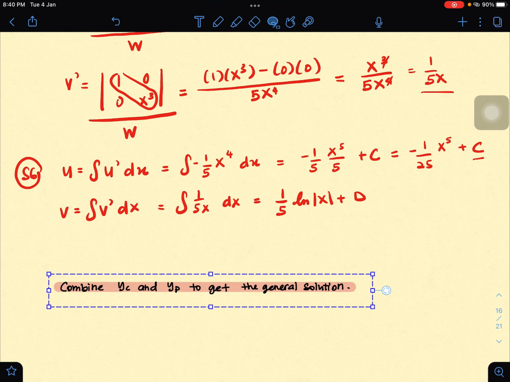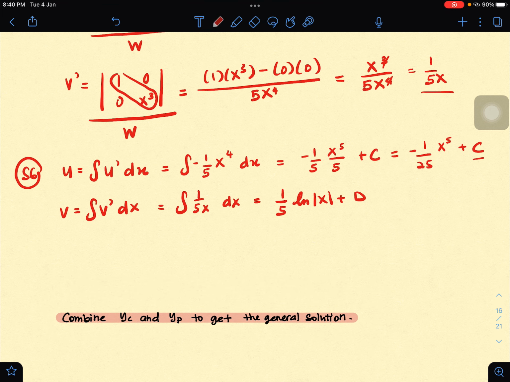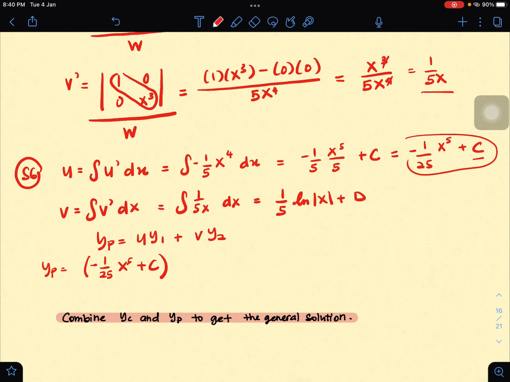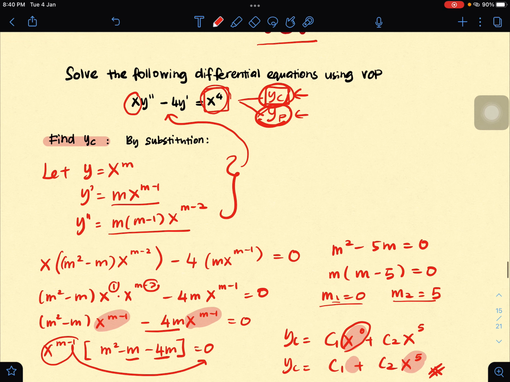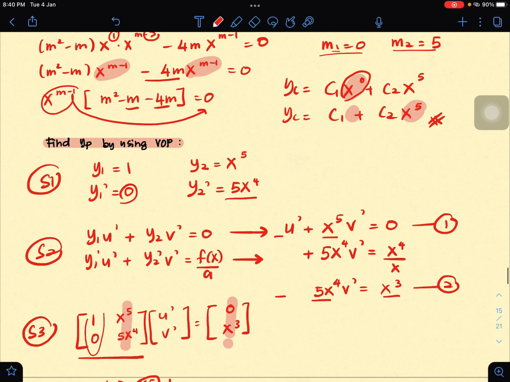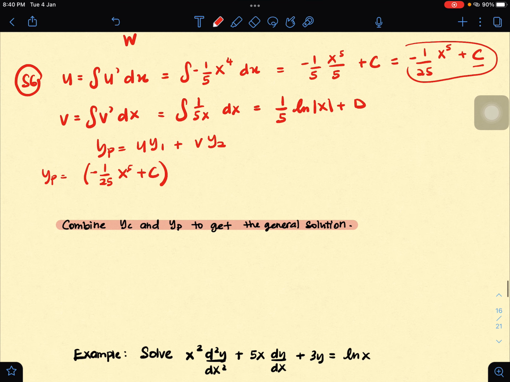You can find your yp, where yp by variation of parameter is u multiplied by y1 plus v multiplied by y2. And you already have your u here, negative 1 over 25x5 plus c, and your y1 is equal to, where is your y1? 1. y2 is x5, plus v y2.